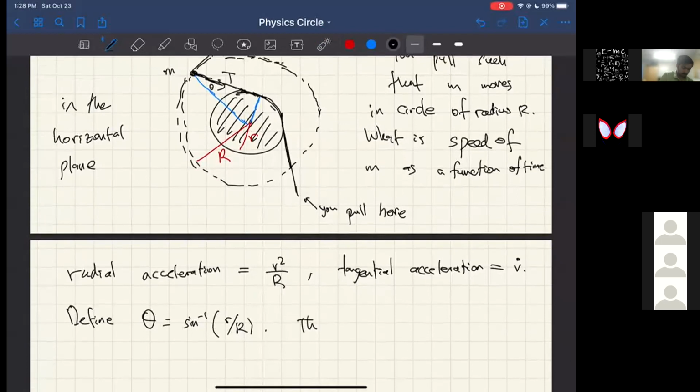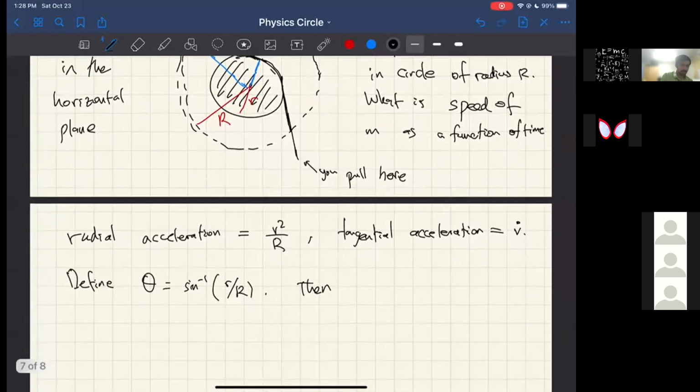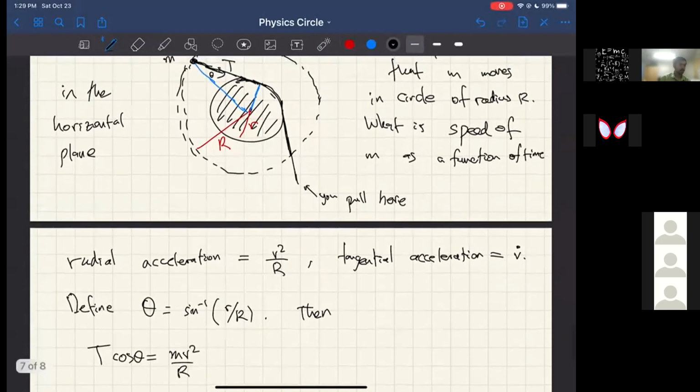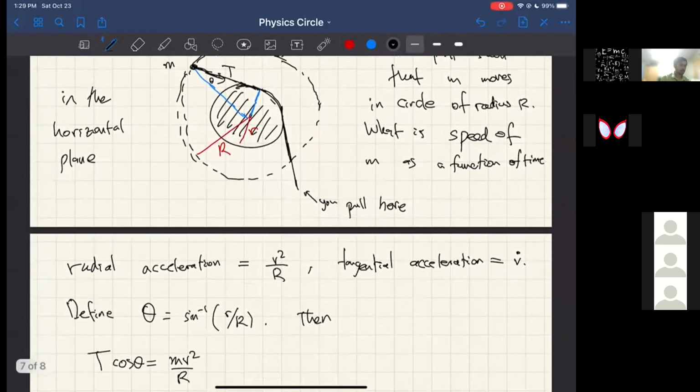Then I have T cos theta equals mv squared over r. This is the radial F equals ma equation. And similarly, the tangential equation is T sine theta equals m v dot.